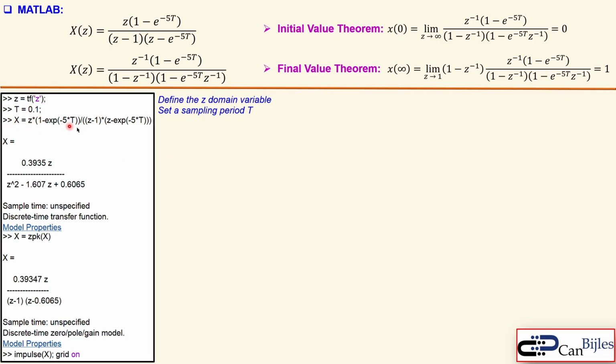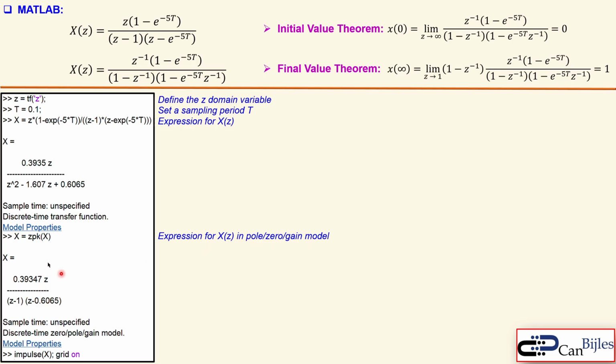The X here is then expressed from our expression. This is the expression for our X in the z domain. If you want to see it in fractions, in the factorization form, you can also use the ZPK model, which is the zero-pole-gain model.